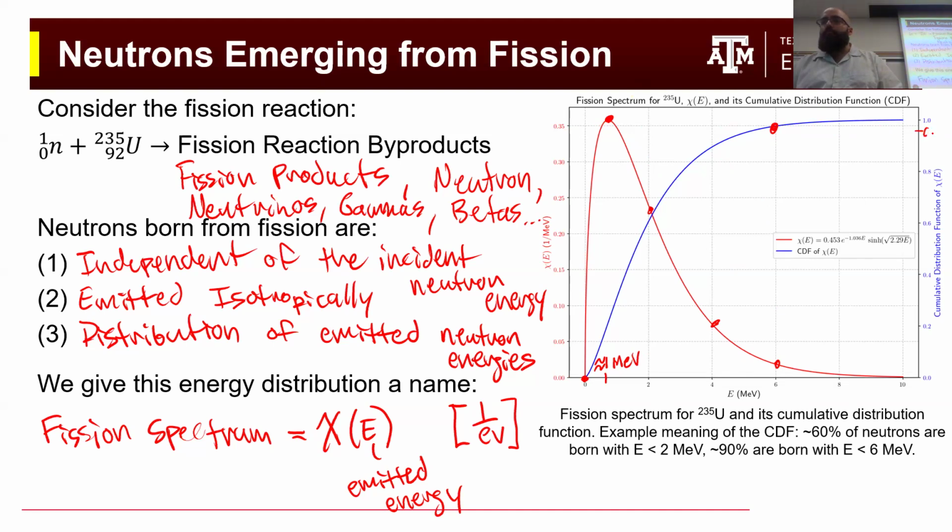So what that is telling you is that if you think about the number of neutrons coming out of these fission reactions, 90% of them are going to be born with an energy less than 6 MeV. And so, yeah, that's a PDF and a CDF for our fission spectrum. And this is the thing that tells us about how the neutrons' energies are distributed as they come out of fission reactions.